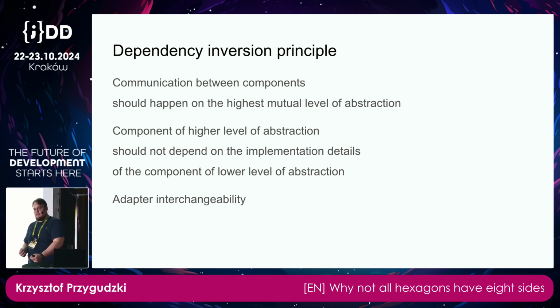And that's important because if we do it this way, if we do it properly, we don't have these leaky abstractions. Then we can easily interchange those adapters, right? So one example that I think is pretty common and people like to refer to is, oh, I want to change my SQL database into a non-SQL database or something like this, right?